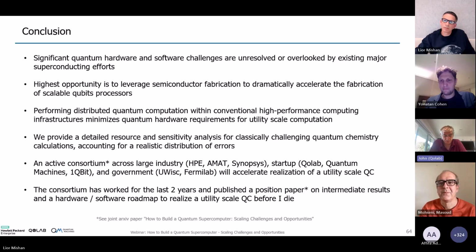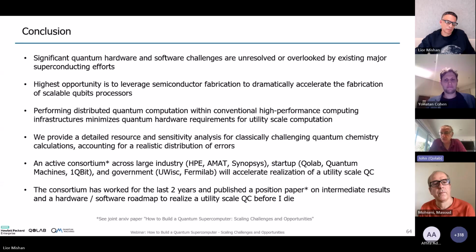We talked about performing distributed quantum computation and integrating with current HPC. We've given detailed resource estimations, so we can understand what we have to build and plan for it using quantum chemistry and other algorithms. That's really important to figure out what we have to build.